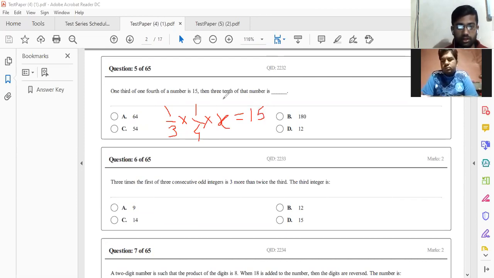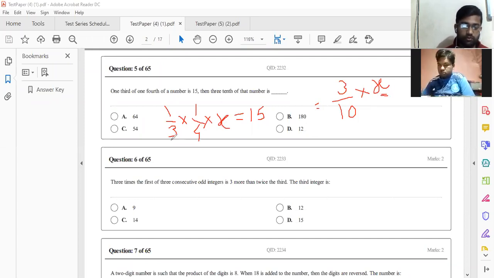Then 3/10 of that number is... okay, 3/10 multiplied by the number, so we need to calculate x. First calculate the value of x from this equation.